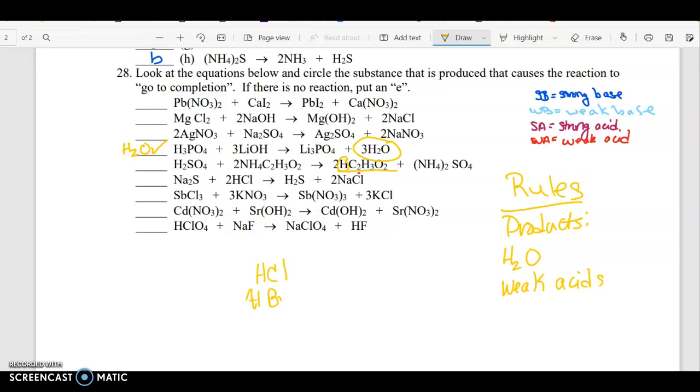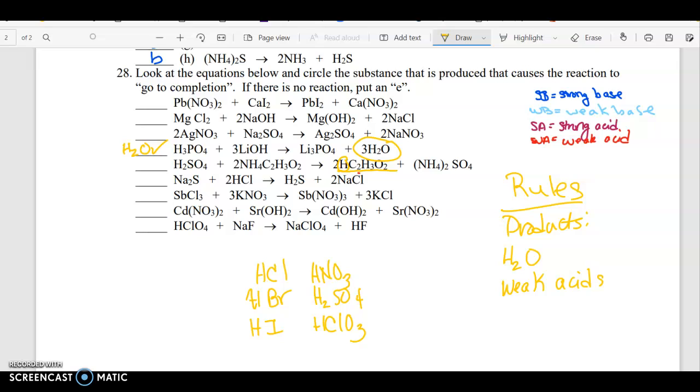HCl, HBr, HI, nitric, sulfuric, perchloric. Perchloric is the HClO4, pardon, is the 4.